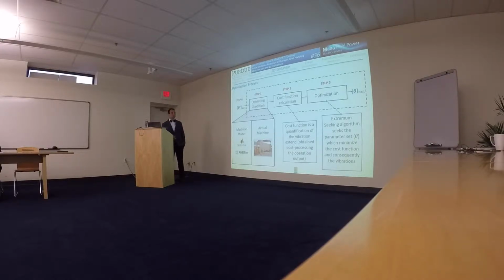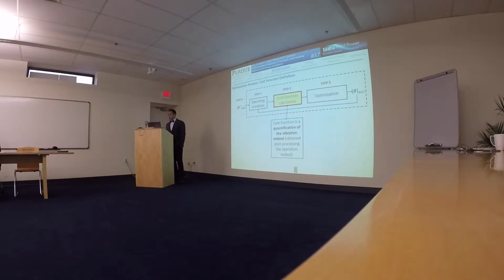And then the output of this process is a new set of parameters for the controller, which are fed back to step one, and the process keeps running until we reach convergence of the cost function, which means the cost function is minimized. So part of my effort was done in making this approach more general, and I want to focus on the cost function calculation.